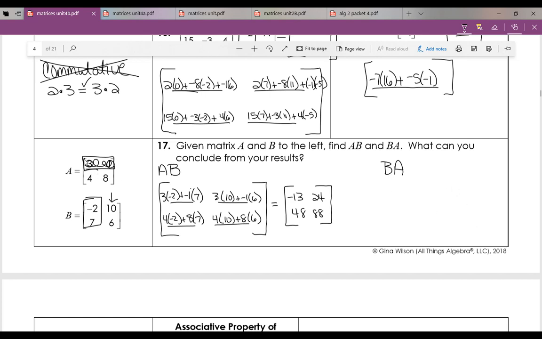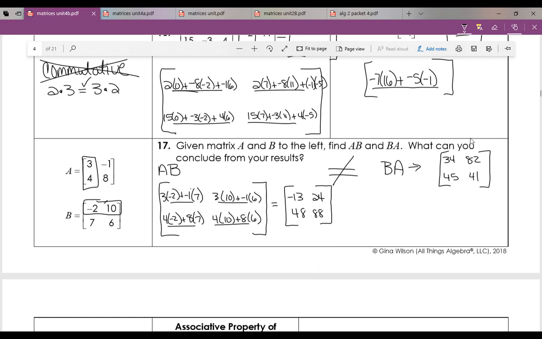When you reverse these two, when you do the rows of B paired off with the columns of A, you will not get this answer. So AB does not equal B times A. If you want to go through just to practice your skill, the outcome for BA is going to be 34, 82, 45, and 41. Definitely not the same as A times B.